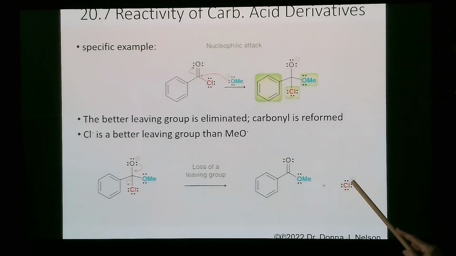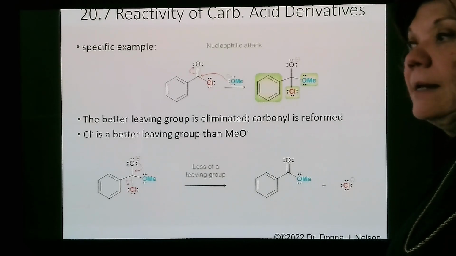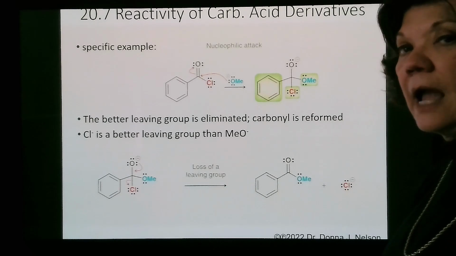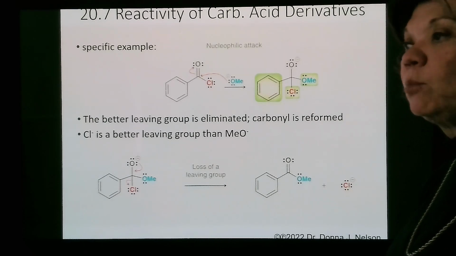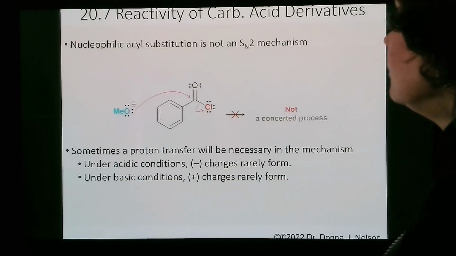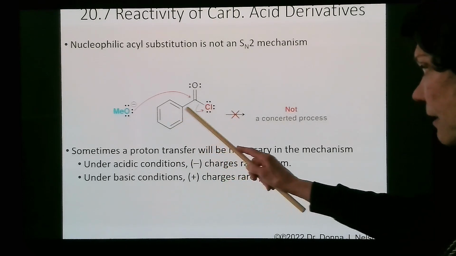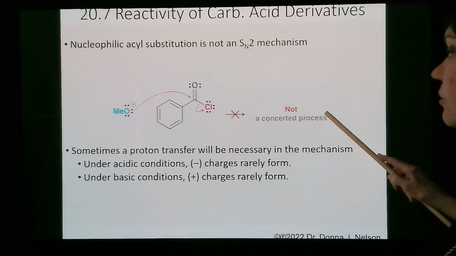Methoxy has been substituted for chloro, but not in one step. This is not a concerted reaction. It is stepwise. So let's look at this. Again, as I just said, this is not a concerted process.